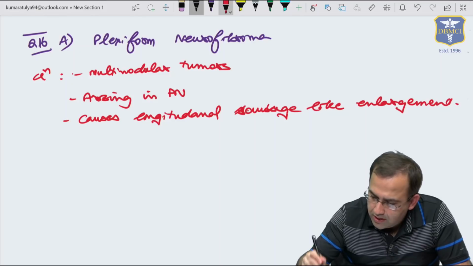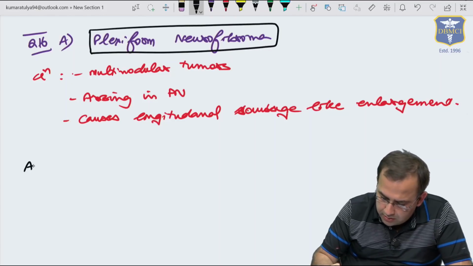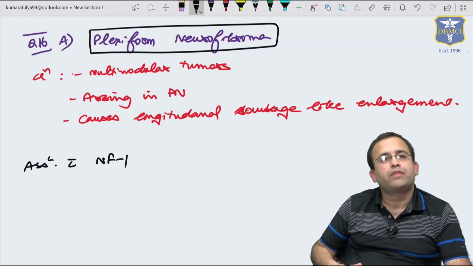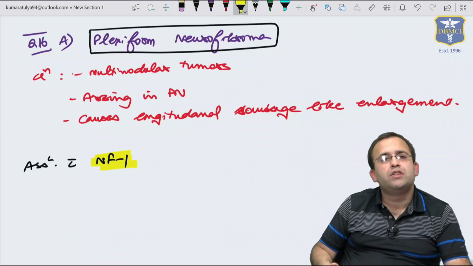Next point, these plexiform neurofibromas are associated with neurofibromatosis 1, associated with NF1. Let us have a look at the gene mutations and chromosomes also.